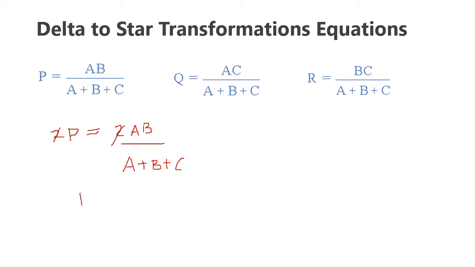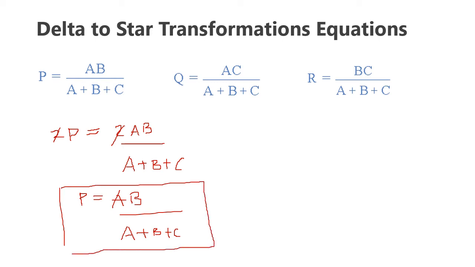Again we will get the relationship for the P. The P will be equal to AB over A plus B plus C. Likewise, this is what we mentioned here. So P will be equal to AB over A plus B plus C.